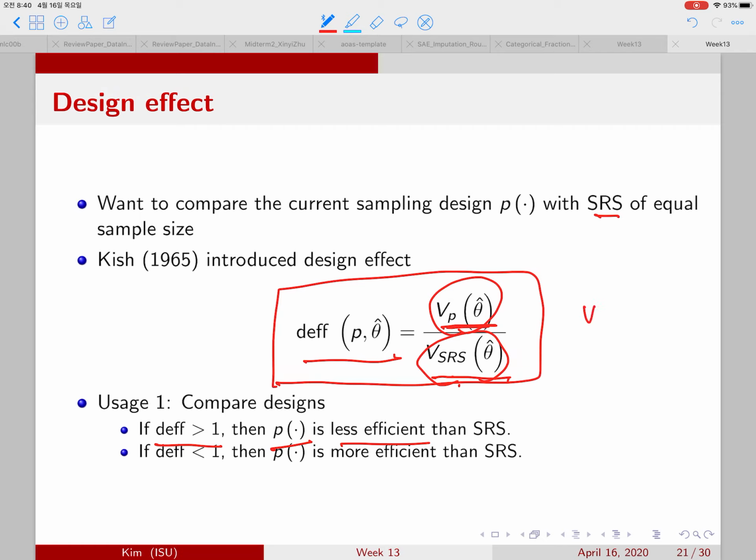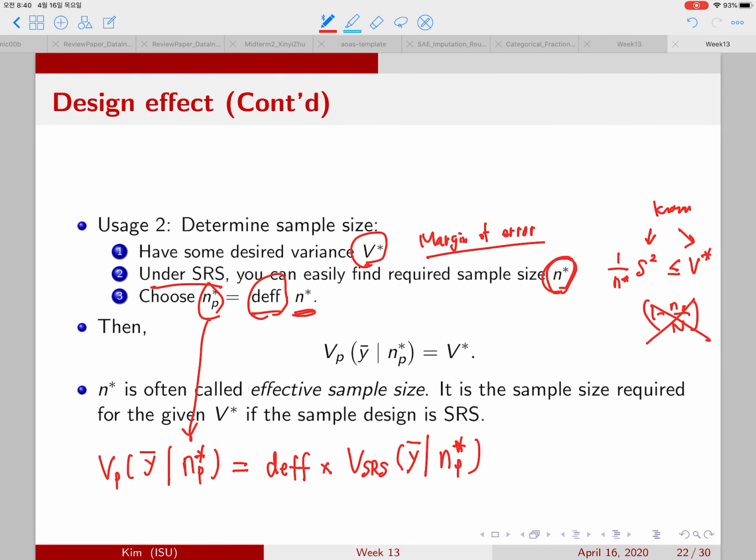So V_P is the design effect times the variance under simple random sampling, which is exactly what is presented here, times n_P star, s square, using the sample size n_P star.